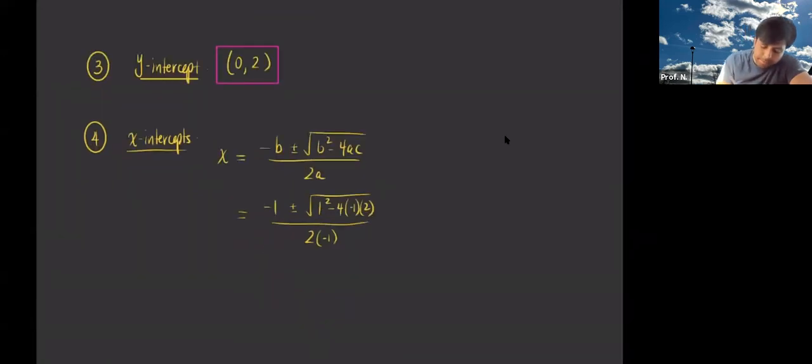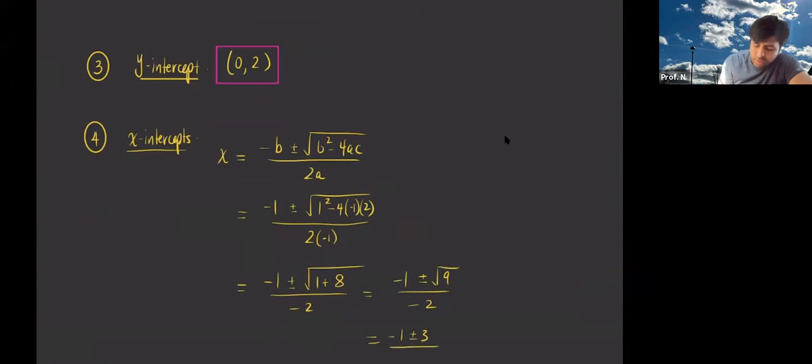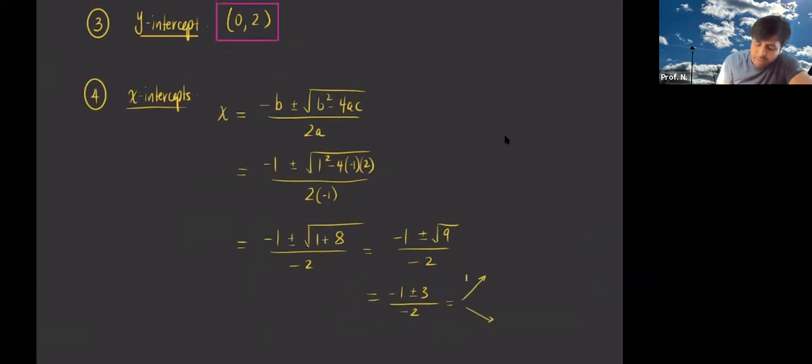Then I get -1 plus or minus the square root of 1 plus 8 over -2, which equals -1 plus or minus the square root of 9. And then I have two possibilities, the plus or minus.